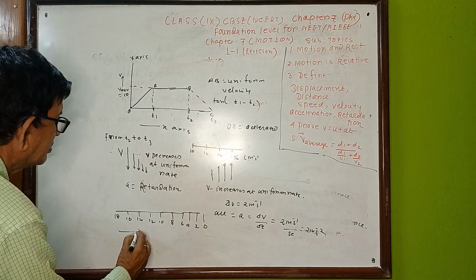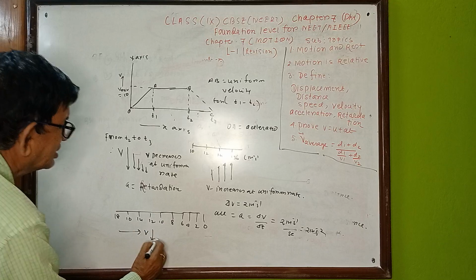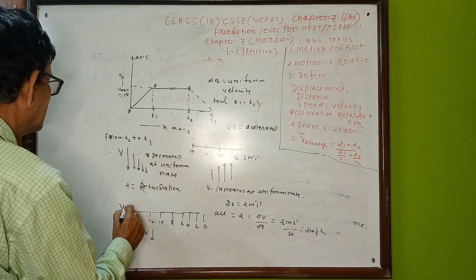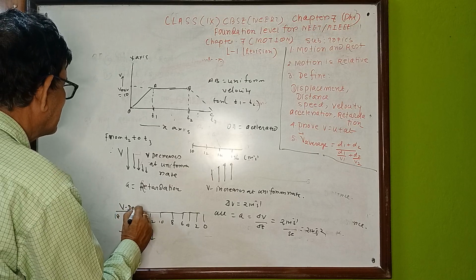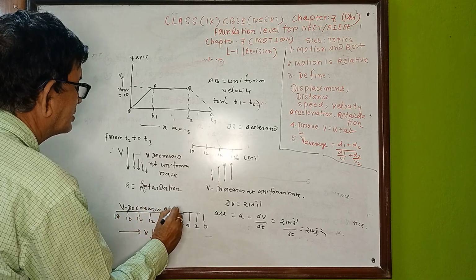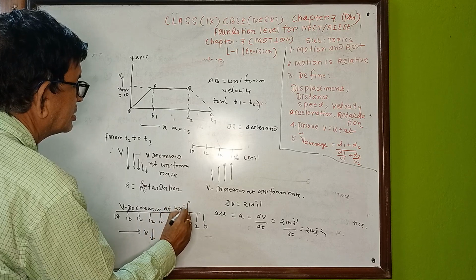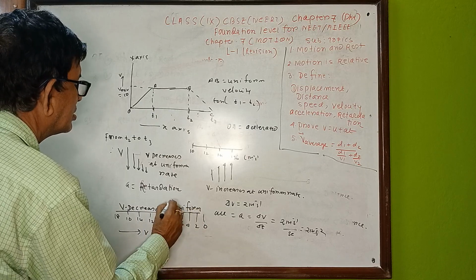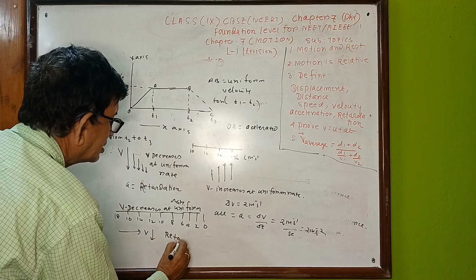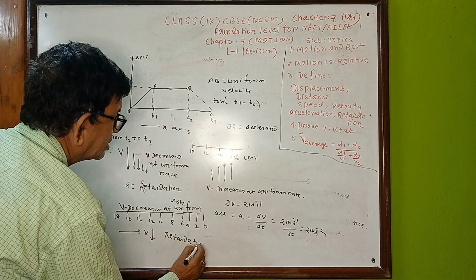So you see velocity decreases at a uniform rate. That is retardation. Clear? Again I am repeating.